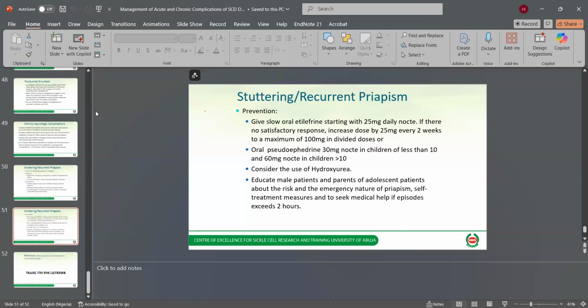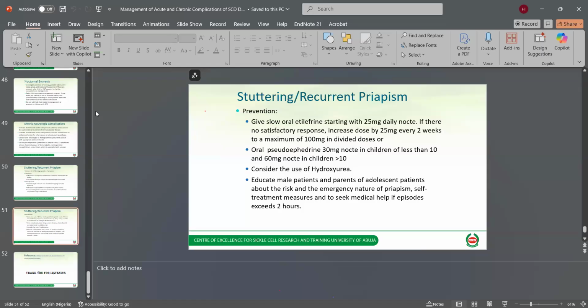So we need to consult with them, and we may need to refer the patients to them for rehabilitation.